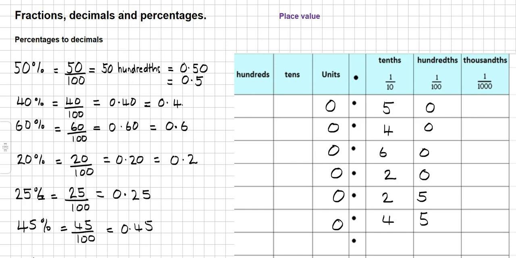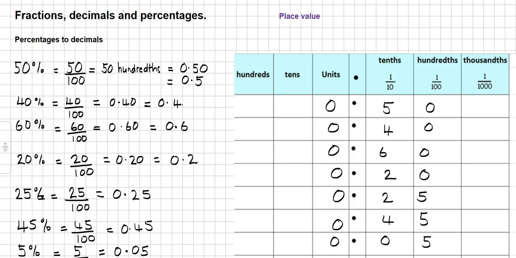So where you may need to think about it is when we get into something like 5%. Because we have to remember that that equals 5 over 100. So 5/100ths, and to write 5/100ths, we would need to write it like that, 0.05.